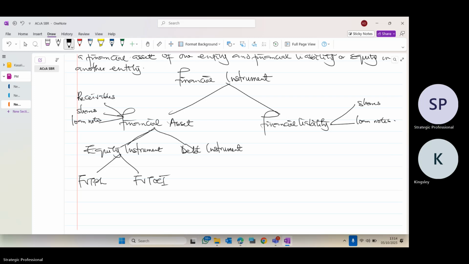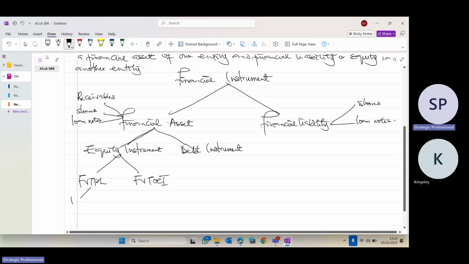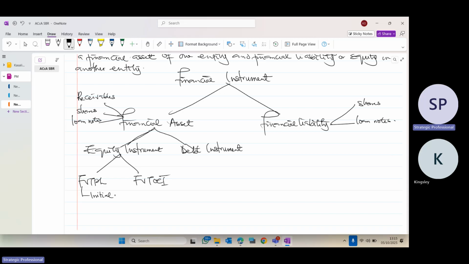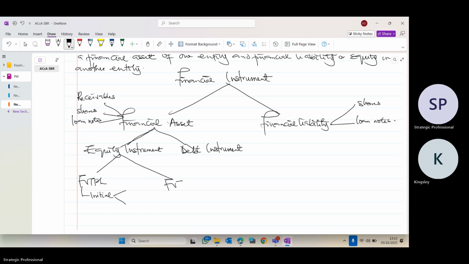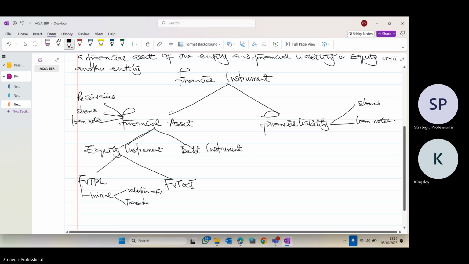If it is fair value through profit or loss, for initial recognition, we are going to measure at fair value based on the valuation, and the transaction cost, we are going to expense.